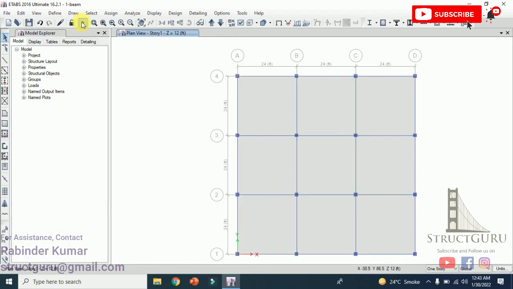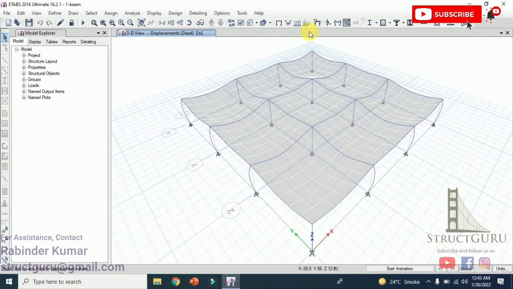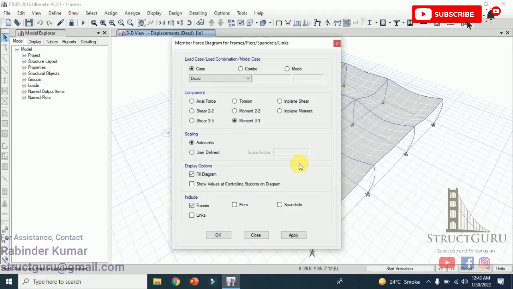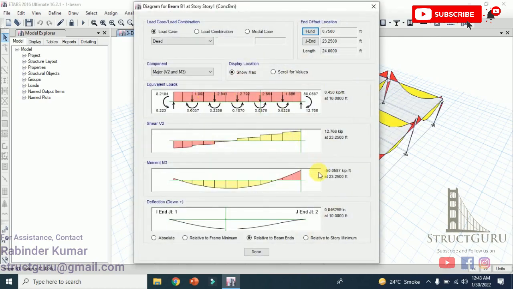Now run the analysis, and again the meshing is done in a similar manner as it was for the previous case. Switch to the 3D view, and again switch to the moment diagram. For this case we'll take this beam as an example. Again we are getting the same values, 50.087 for the first beam, and for the second beam it is minus 80.037 kip-ft.